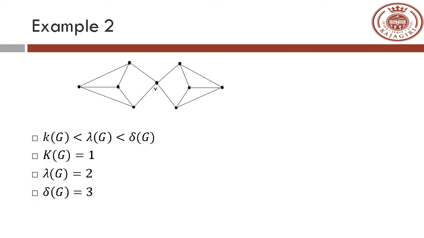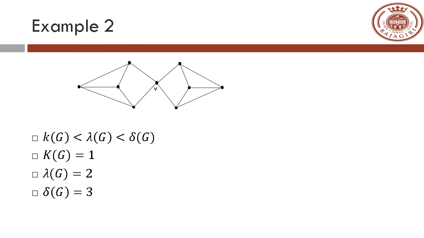Next example. In this example, if you remove this one vertex from the graph, it will be disconnected. So the vertex connectivity is equal to 1 and the edge connectivity is equal to 2, since if you remove either these two vertices or these two vertices, you can disconnect the graph into two components.